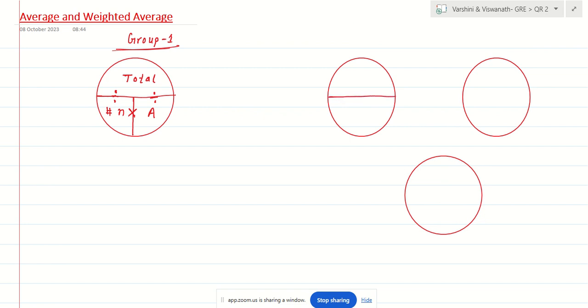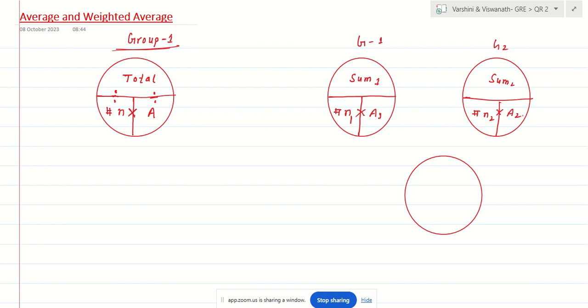For example, let's say group 1 has some number of people n1, and group 2 has n2 people. And I have a1, the average. You can assume whatever average you like, let's say the average of salary or average of ages. So this is the total; I can say sum 1. How do I get sum 1? n1 into a1. How to get sum 2?